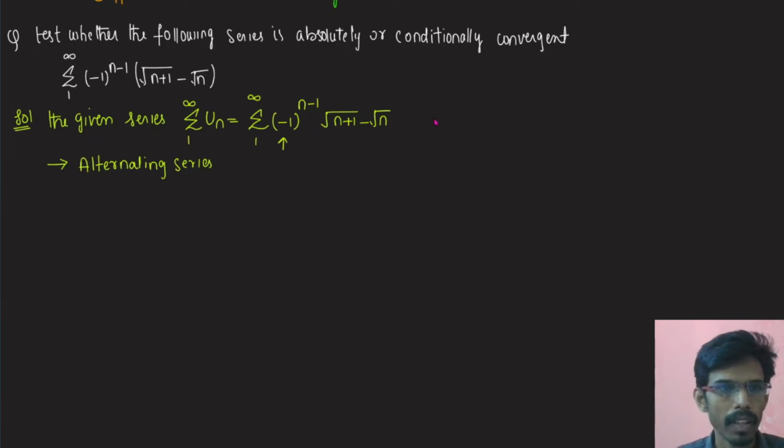Now after (-1) to the power n minus 1 we have root n plus 1 minus root n. Let us take this as Vn. Vn is equal to root n plus 1 minus root n. Now rationalize this.